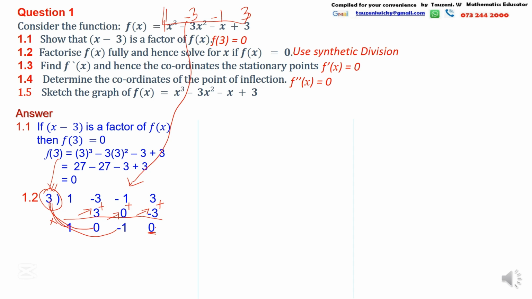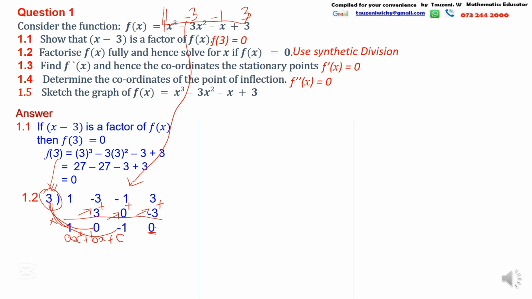Now, once we are done doing that, this value is the value of a, this is the value of b, this is the value of c in ax squared plus bx plus c. So these numbers are coefficients of the quadratic factor that we get.